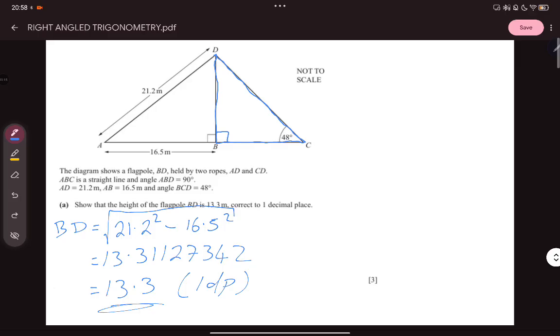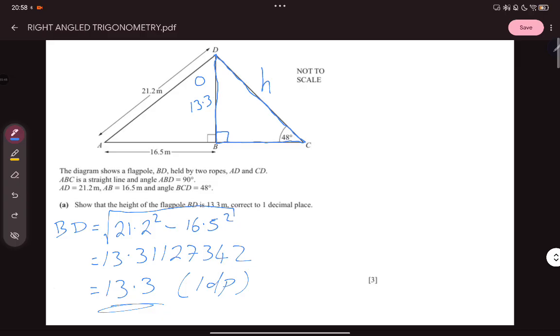So that means that the length from D to C, if I label it with my O, A, or H labels, that's the side opposite the right angle, so that must be H. And the other side, the side opposite the 48 degrees, I know is 13.3, and that would be the opposite side. The B to C, that would be the adjacent, but we don't need it.